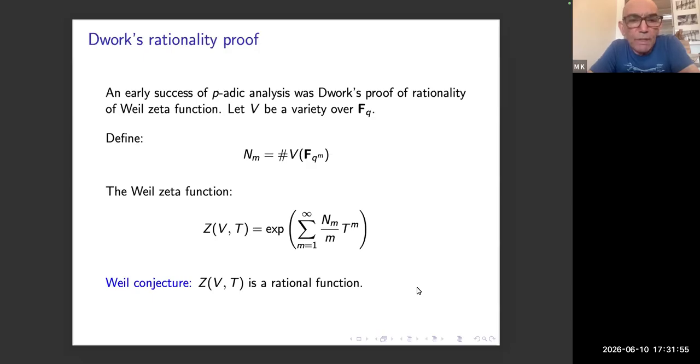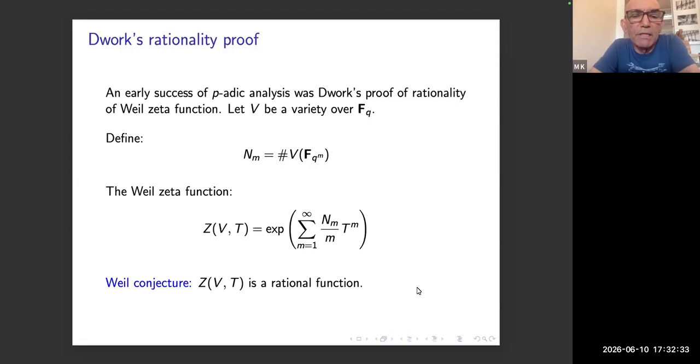As you know, the Weil conjectures are about counting the number of solutions of equations over finite fields, basically the number of points in varieties over finite fields, say F_q. If you let N_m be the number of points in a variety over F_{q^m}, so you look at solutions over F_{q^2}, F_{q^3}, the towers of field extensions, you get these numbers.